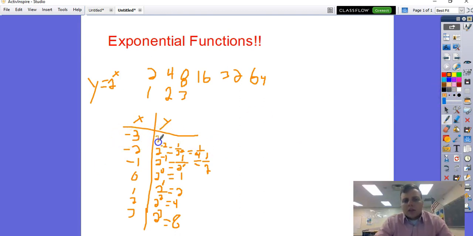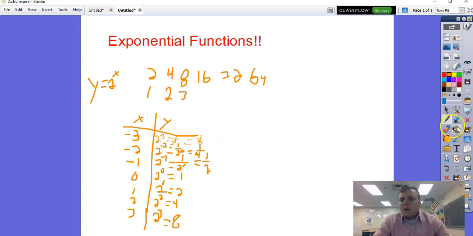So that's 2 raised to the -3, which is then 1 over 2 cubed. I thought maybe this thinner marker size might help me write better. All right, and then 2 cubed is simply 8, so it's just 1 over 8.